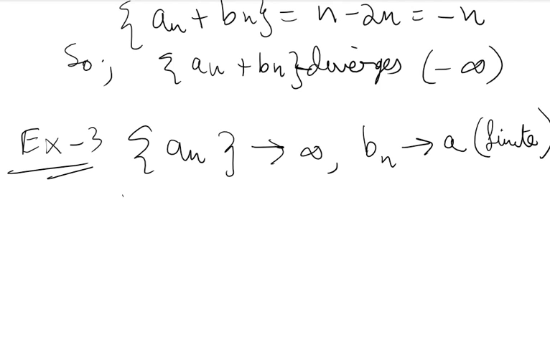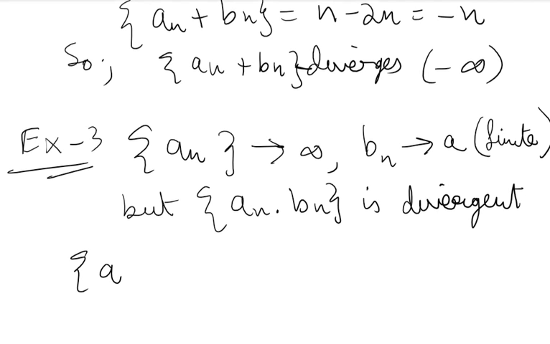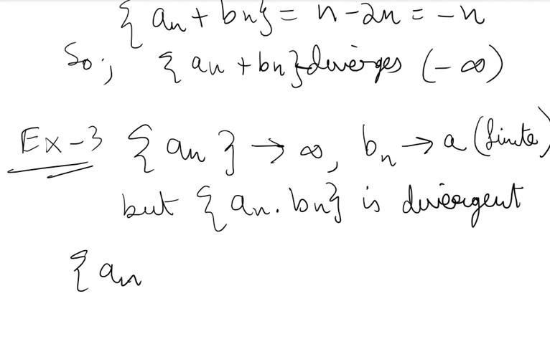But an dot bn is divergent. So let us check how this an dot bn is going to be divergent. Let me take an as n square and bn as 1 by n.